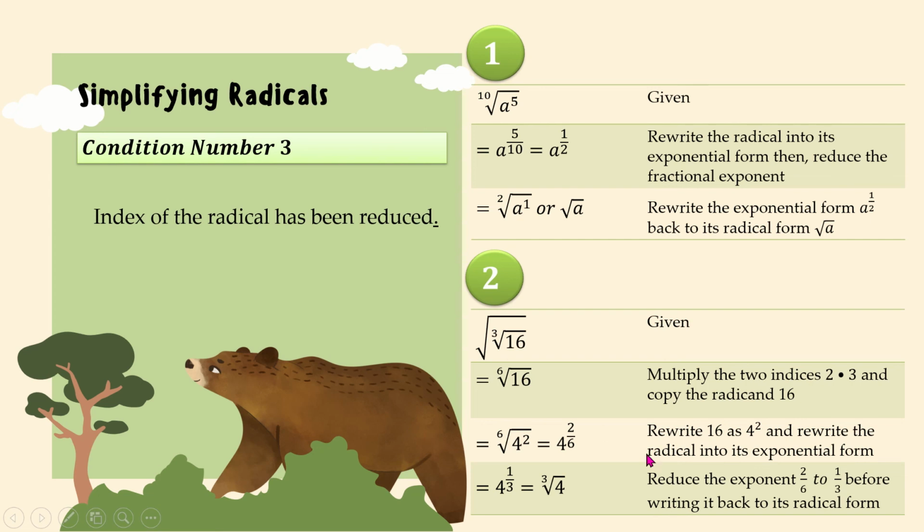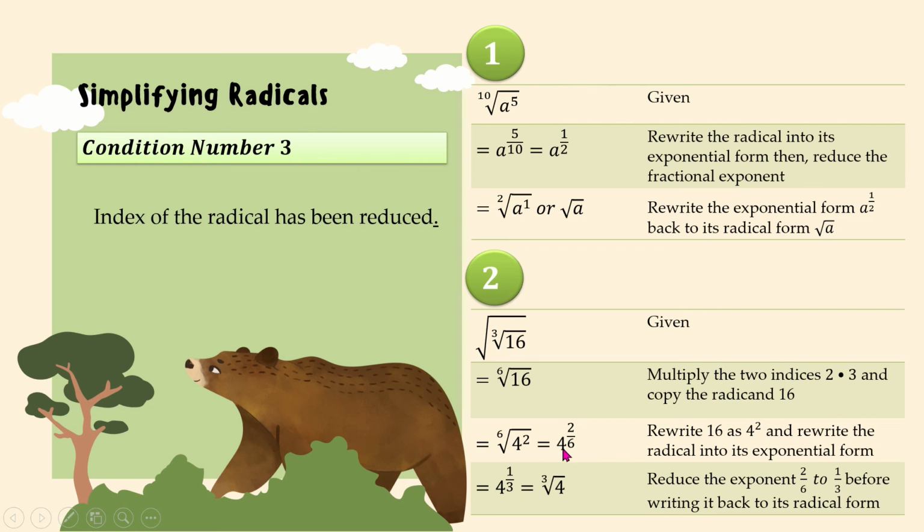Copy 16. Then, rewrite 16 as 4 squared and rewrite the radical into its exponential form. So, the 6th root of 4 squared. Since the exponent 2 is lesser than the index 6, it cannot be extracted unless we rewrite it as exponential form.